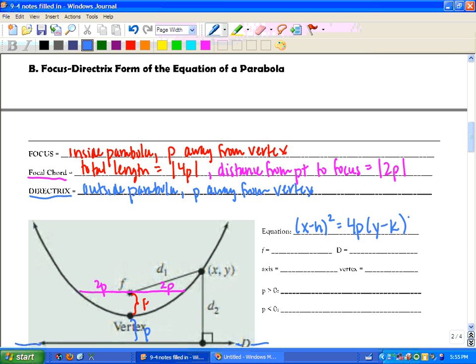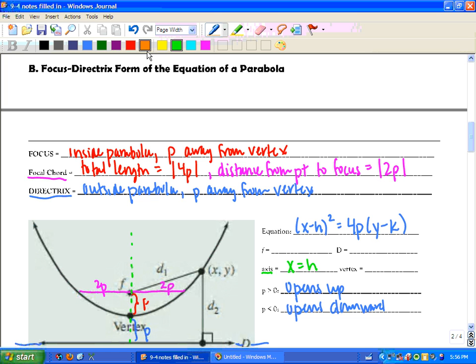(y minus k). And if we skip down here to the bottom, if p is greater than 0, it opens upwards. And if p is less than 0, it's going to open downward. The axis would be the line that cuts the parabola in half vertically, and so that is x equals h.